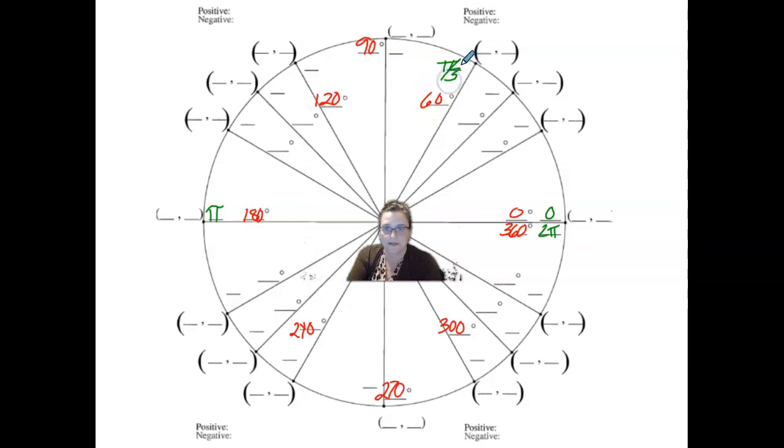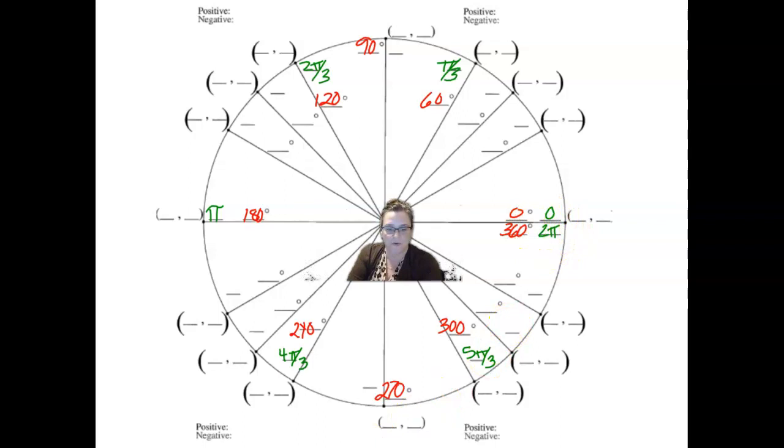So this is 1 pi over 3. This is 2 pi over 3. Then 3 pi over 3, which reduces to pi. 4 pi over 3, then 5 pi over 3, and 6 pi over 3, which reduces to 2 pi.